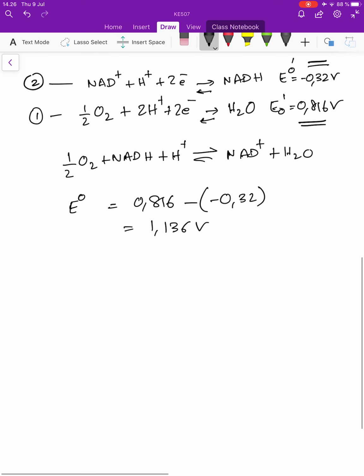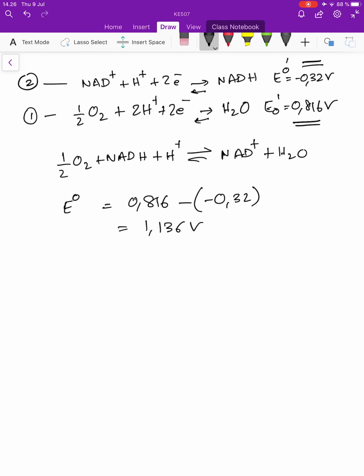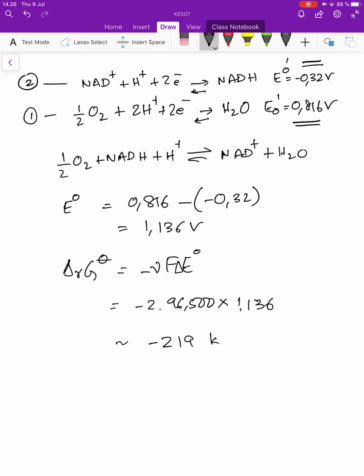If you calculate the corresponding free energy of reaction, like we did earlier, minus the number of electrons, Faraday's constant, and delta E0, this is equal to minus 2 multiplied by 96500 multiplied by 1.136, and this is about 219 kilojoules per mole.